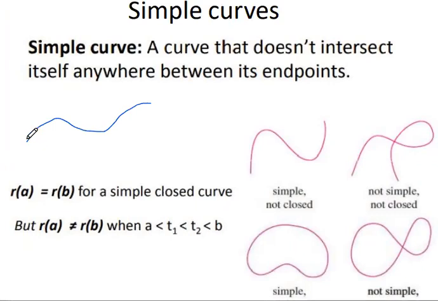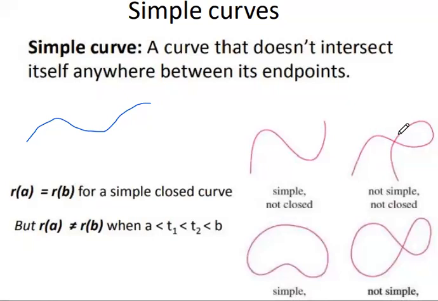So let's discuss what it means for a path to be simple. If the path is simple, you don't see these kinds of self-intersections. This is not simple, right?